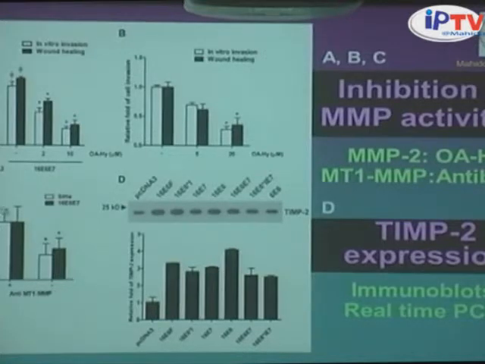The same result was obtained when we used the antibody specific for MT1. So at this stage, we can say that the invasion that we found in these cell lines is due to the activity of MMP2 and MT1.